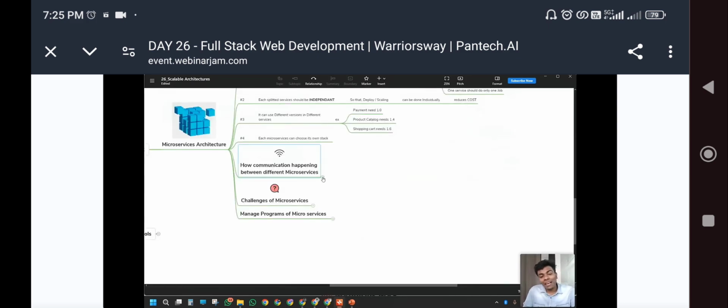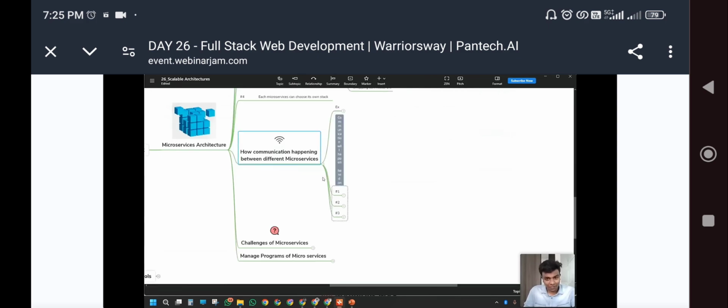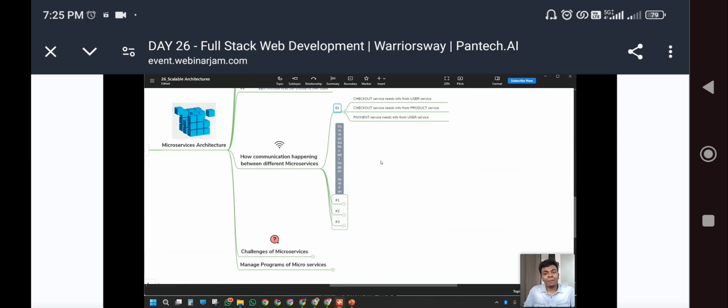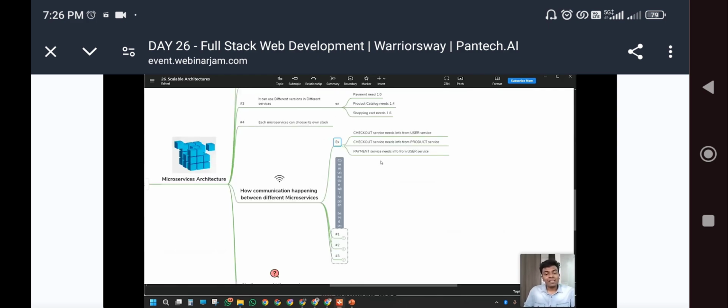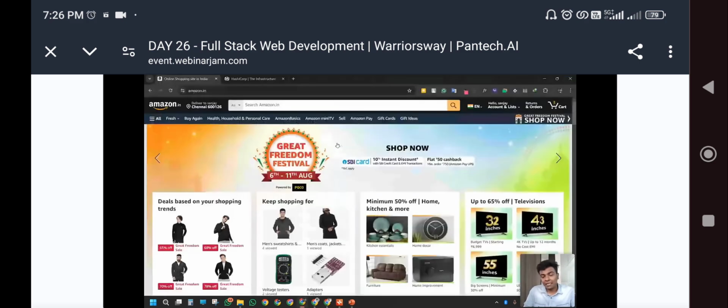And now you will get another question, Sanjay: how are the communications happening between these microservices? So guys, the communication actually happens in three ways. But before going to the three ways, I would like to tell you what is meant by this communication. Just see, this is Amazon, the whole complete web application.